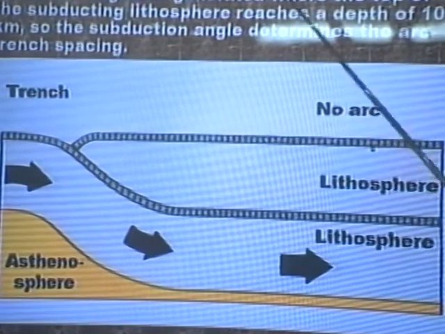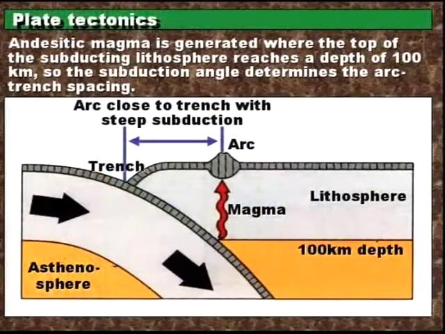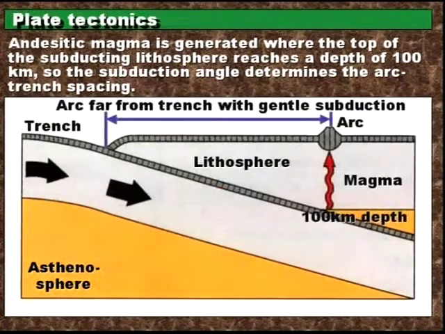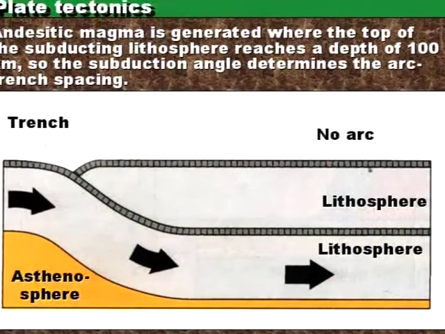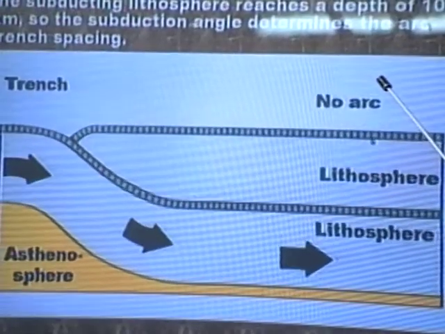So here we're looking at andesitic magma generated where the top of the subducting lithosphere reaches a depth of 100 kilometers. Therefore, the subduction angle will determine the arc trench spacing or no arc at all. And if the process of subduction is so shallow, then no volcanic island arc will be formed.